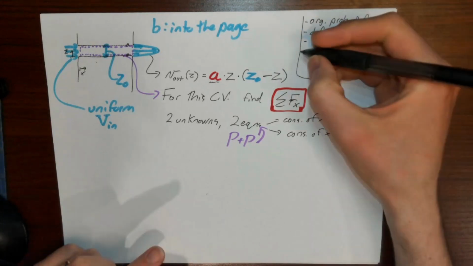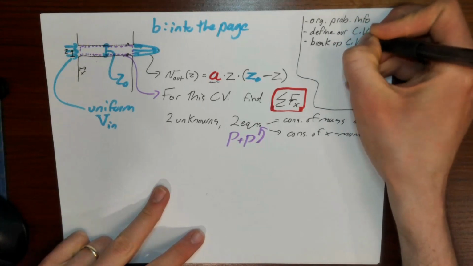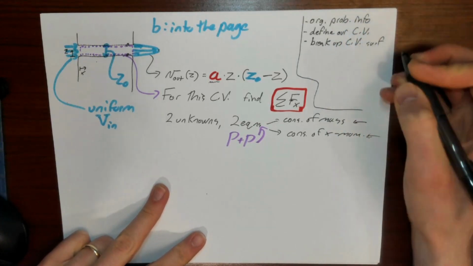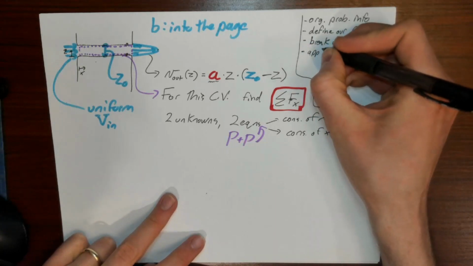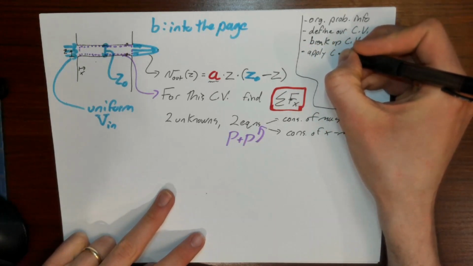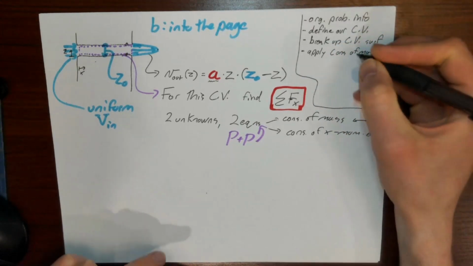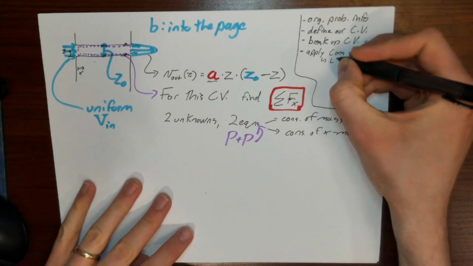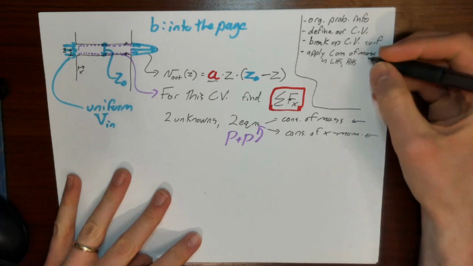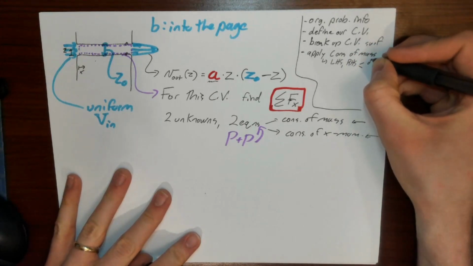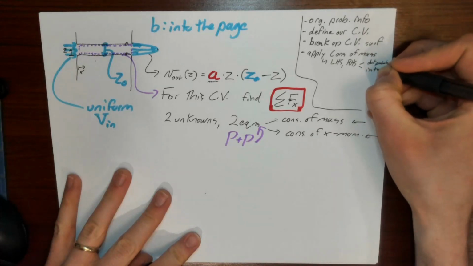And now in this case, we're going to want to break up our control volume surface into sensible parts. And then we're going to apply conservation of mass. When we do so, we're going to need to deal with the left-hand side and the right-hand side. And when we deal with the right-hand side, we're going to do dot products and integrals.